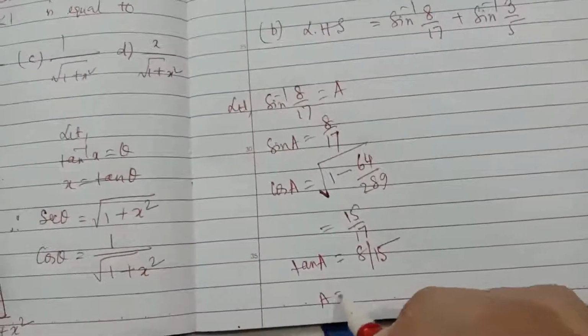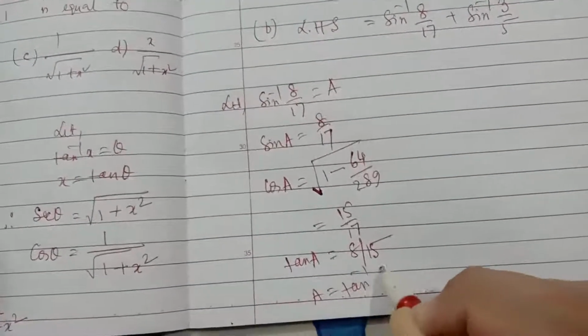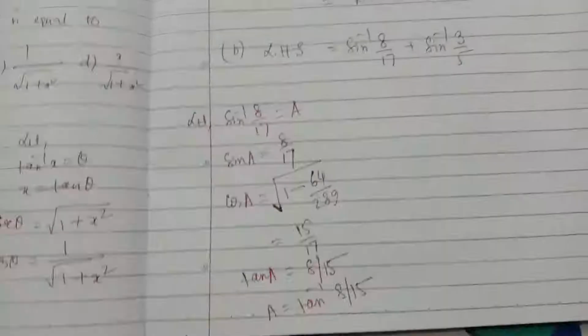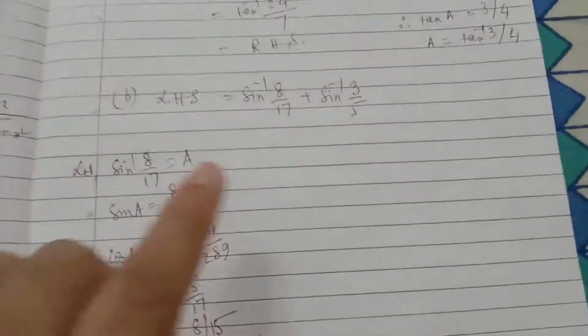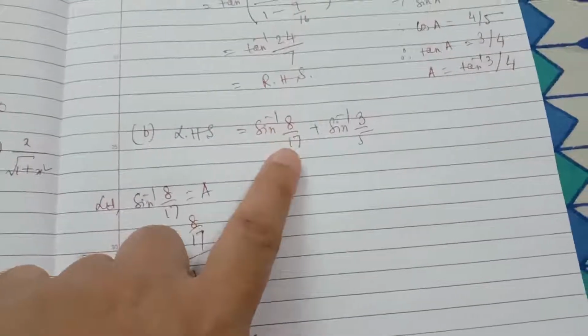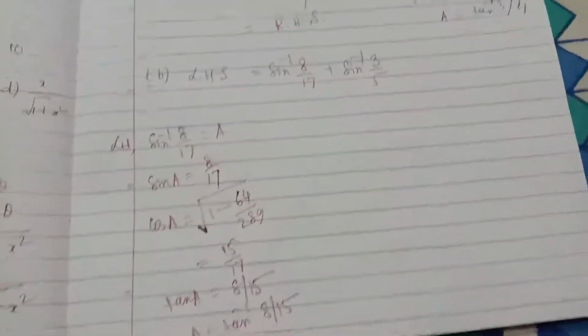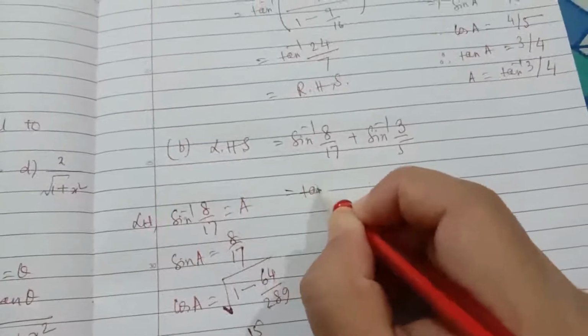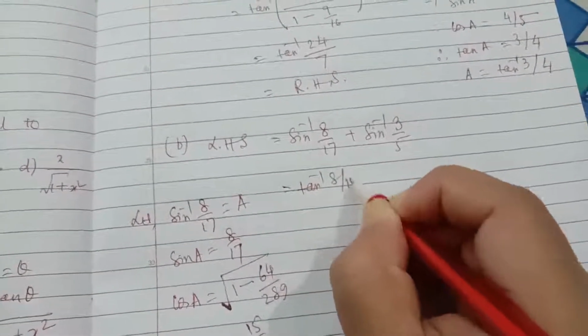A equal to tan inverse of 8 by 15. So see, we have changed sine inverse 8 by 17 to tan inverse 8 by 15. This is now tan inverse of 8 by 15.